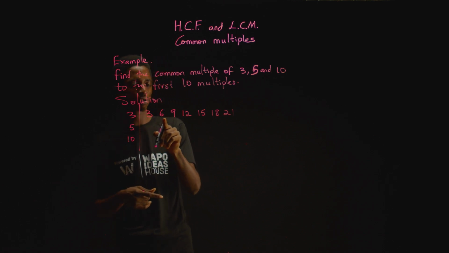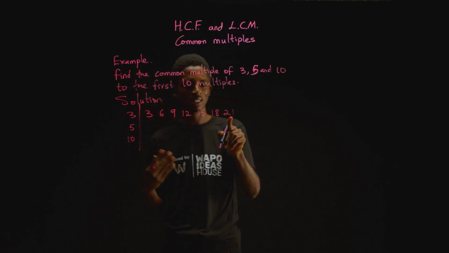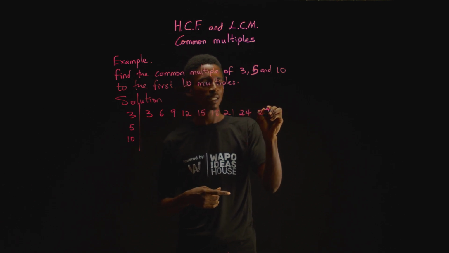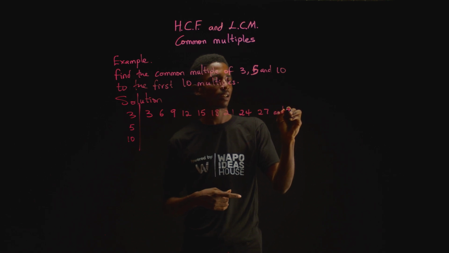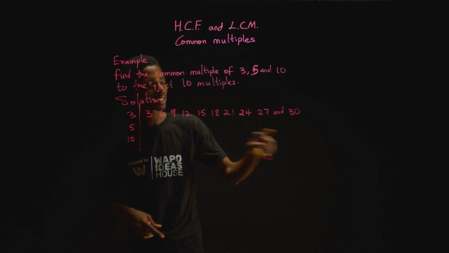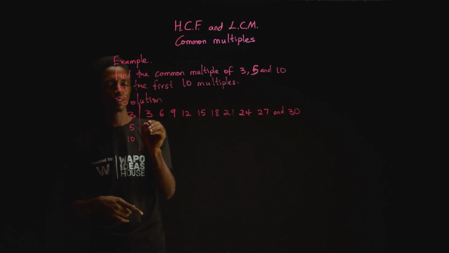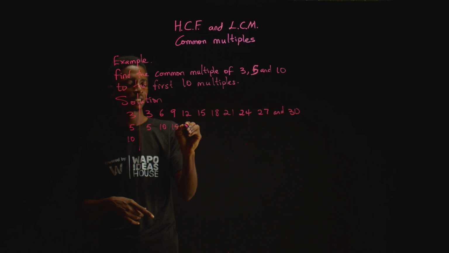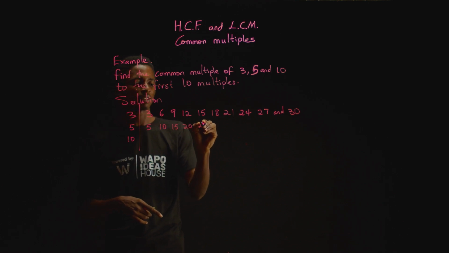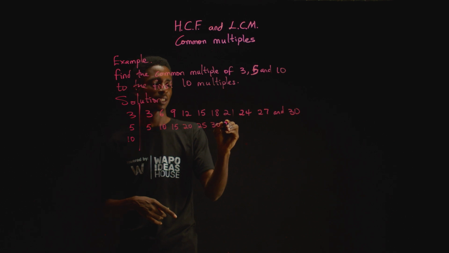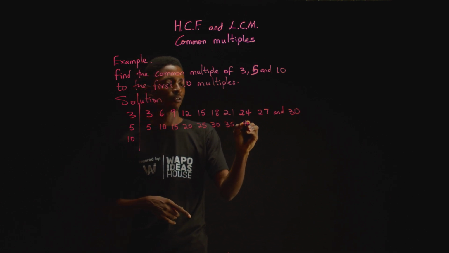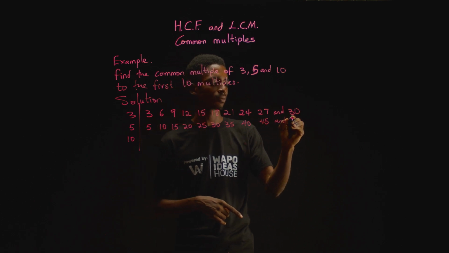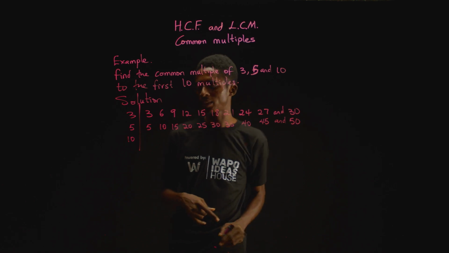Now we've gotten 1, 2, 3, 4, 5, 6, 7. That is 3 more to go: 24, 27, and 30. And then the first 10 multiples of 5 would be 5, 10, 15, 20, 25, 30, 35, 40, 45, and 50.